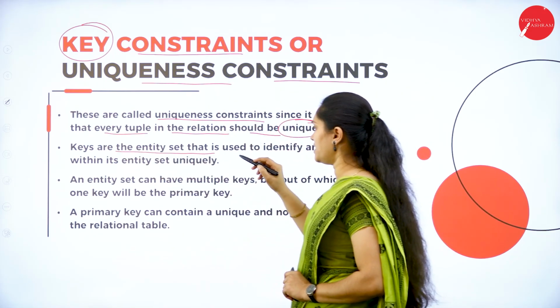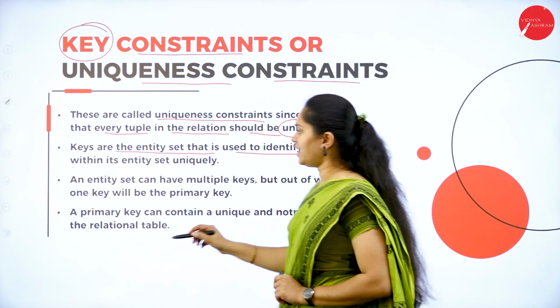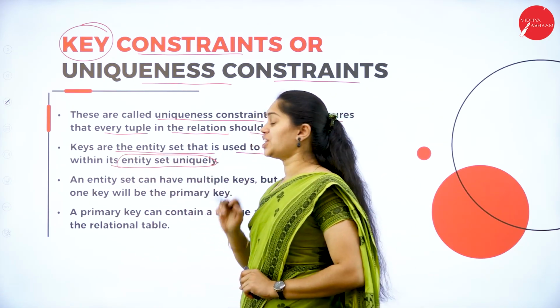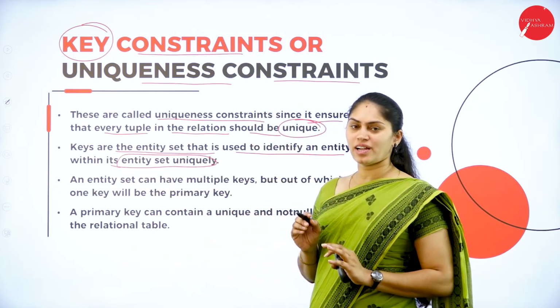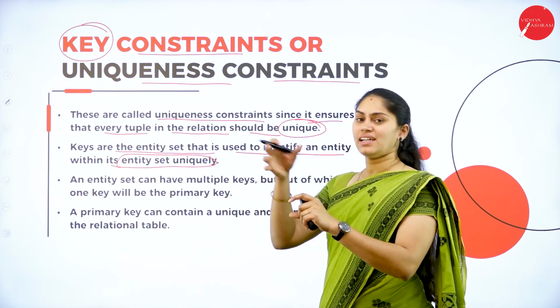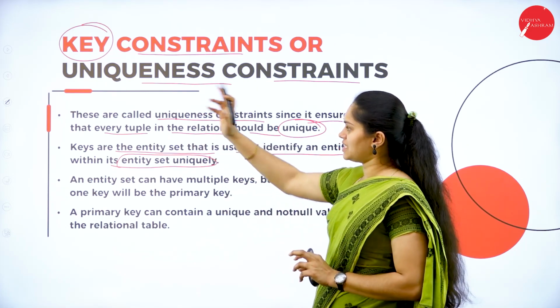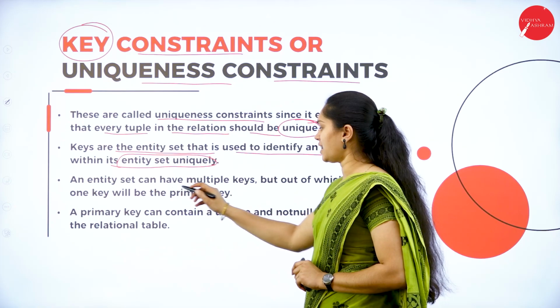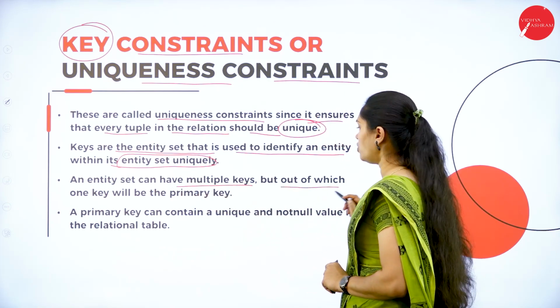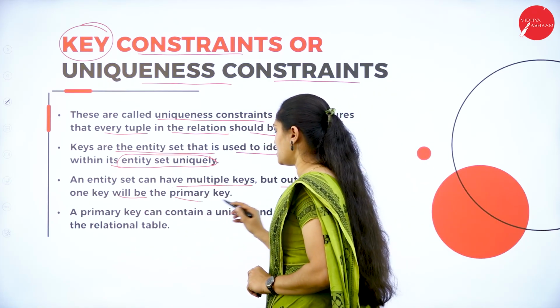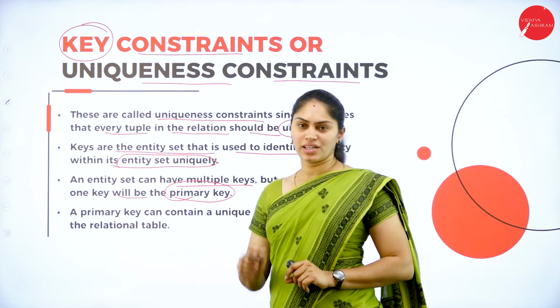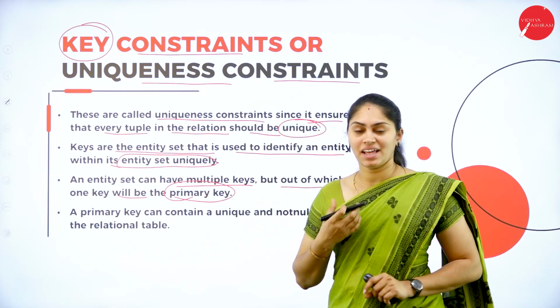And keys are the entity set attributes that are used to identify an entity within an entity set uniquely. So if I want to find the entity in an entity set, then we are going to use this key. An entity set can have multiple keys, but out of which one key will be considered as the primary key. So here we are using a primary key constraint.